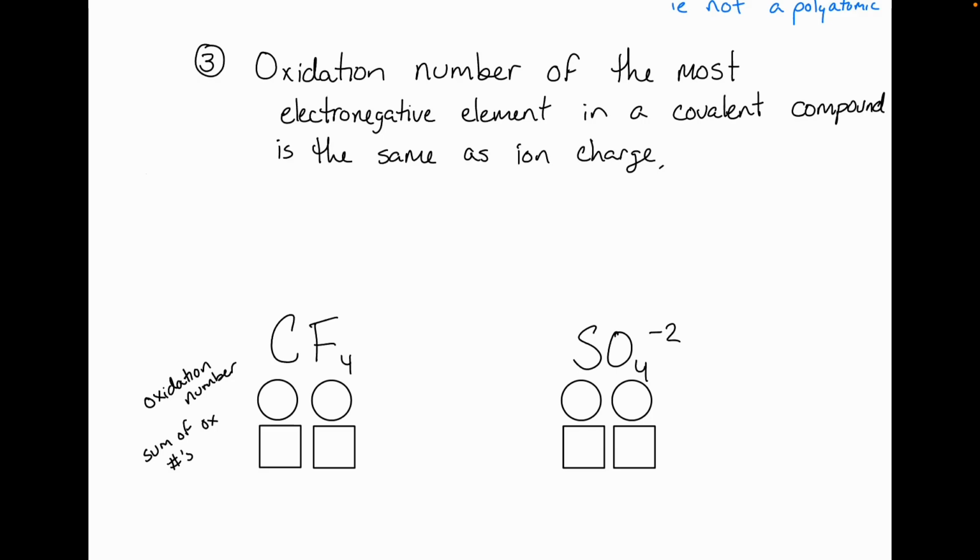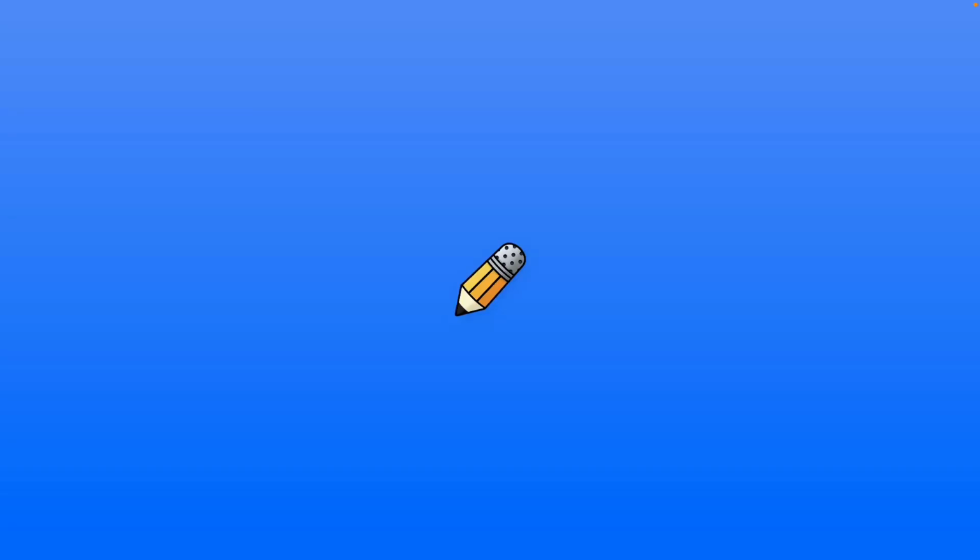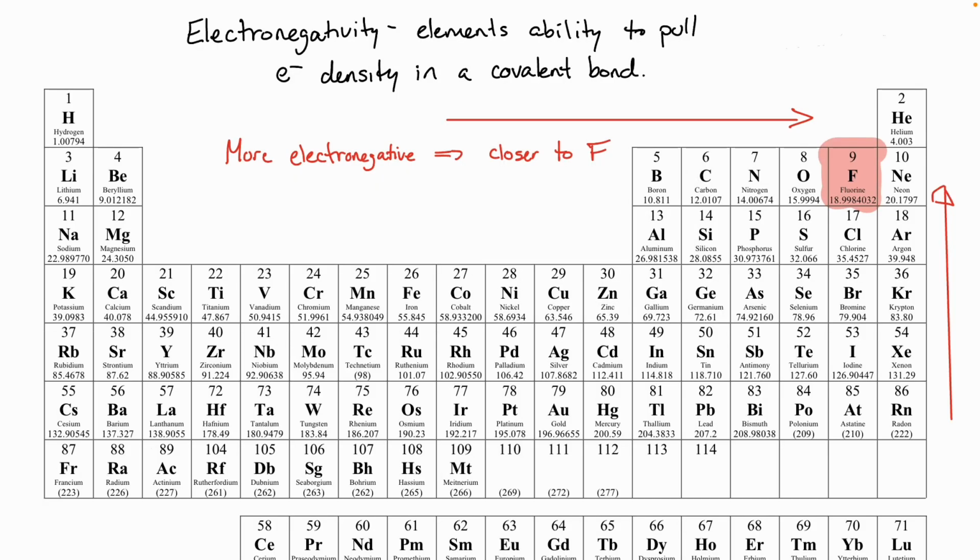So between a compound with carbon and fluorine, what's the most electronegative element? Fluorine. It's always fluorine. So then what's the oxidation number of the fluorine? It would be the same as the charge, and so given where fluorine lives on the periodic table, that's -1.